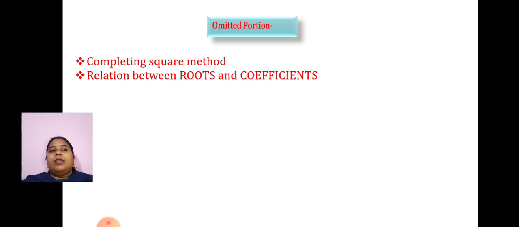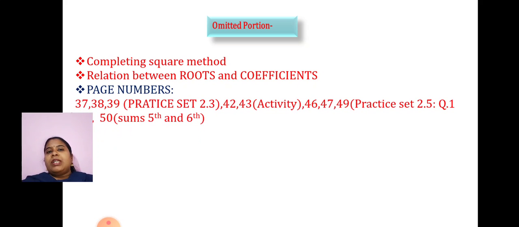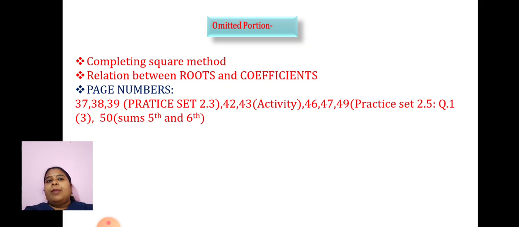Then there are a few page numbers that are given. I am not going into much detail. I have specified here page numbers 37, 38, 39. From page number 39, practice set 2.3, the full practice set is omitted. On pages 42 and 43, the activity on page 43 is omitted. Pages 46, 47, 49, where 49 has practice set 2.5.